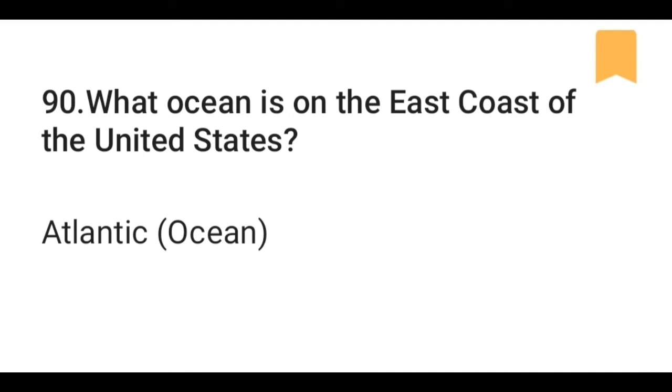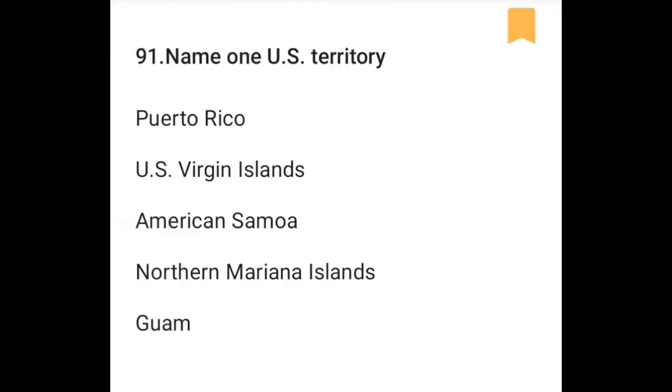What ocean is on the east coast of the United States? Atlantic Ocean. Name one U.S. territory. Puerto Rico. U.S. Virgin Islands. American Samoa. Northern Mariana Islands. Guam.